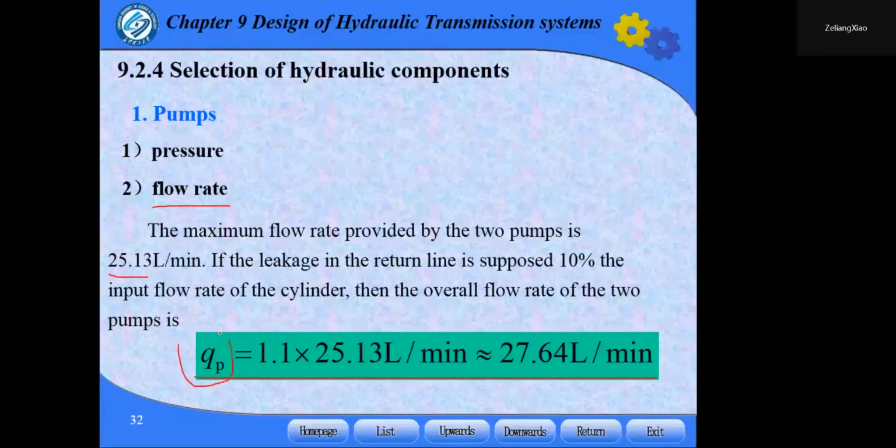So the overall flow rate of the two pumps can be calculated in this equation. This is the maximum flow rate, and this coefficient includes the leakage. So we can get the overall flow rate.